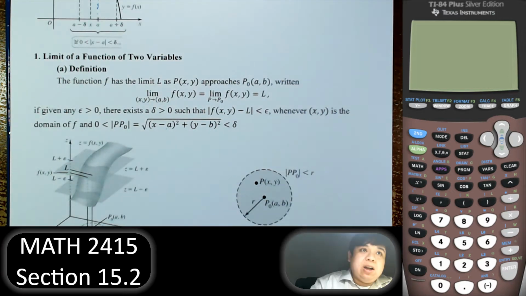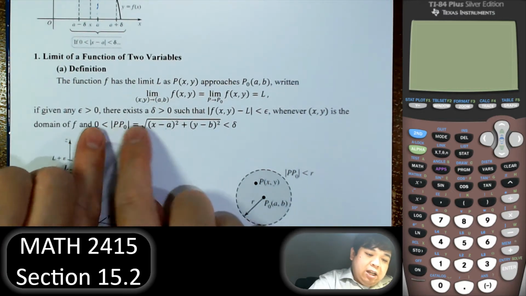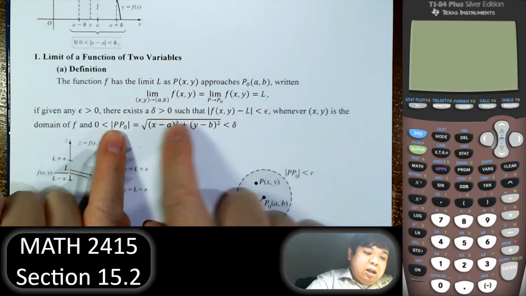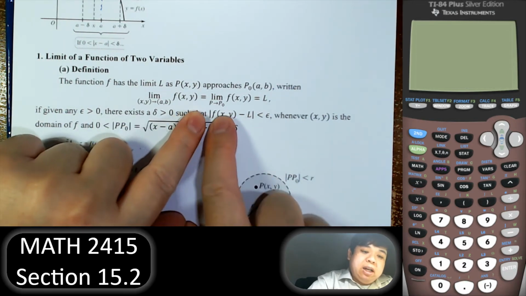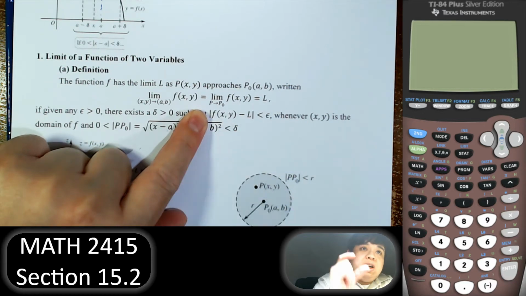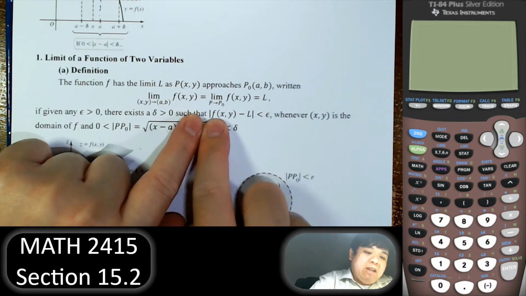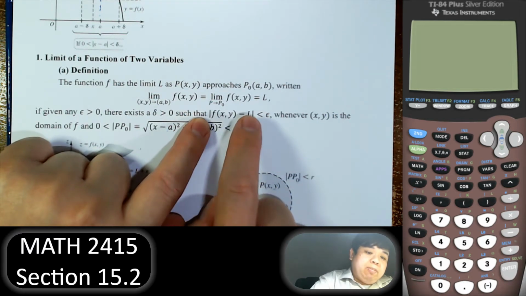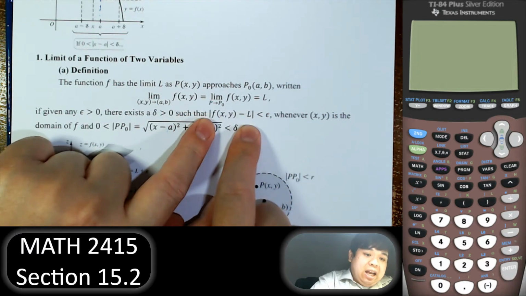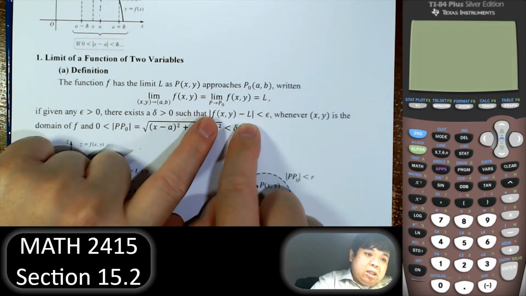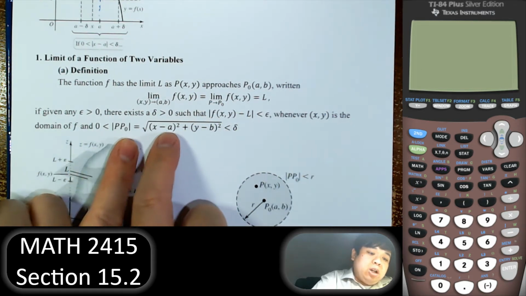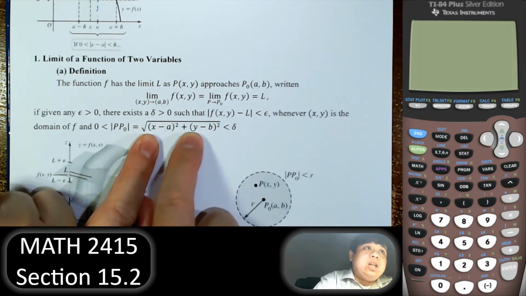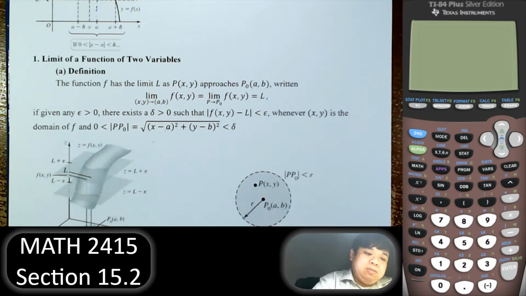Let me say that again. Any epsilon positive means that the function and L get as extremely close as we want. So f(x, y) is as close to L as we want if we choose the point (x, y) close enough to (a, b).